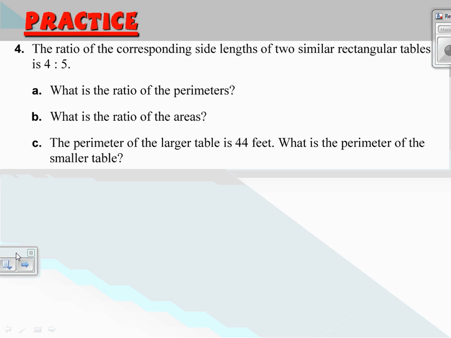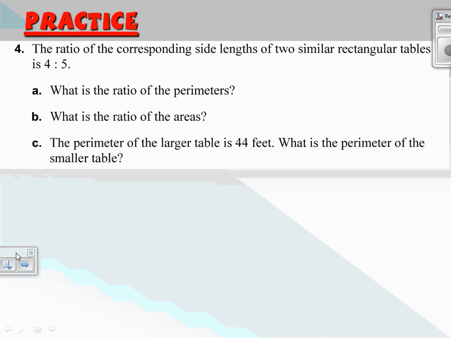All right. Number 4, it says this. The ratio of the corresponding side lengths of two similar rectangles is 4 to 5. What is the ratio of the perimeters? Well, didn't we just say that the ratio of the perimeters is the same thing as the ratio of the sides? Yes, it is.